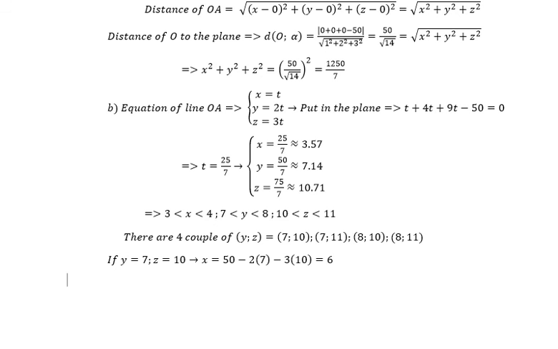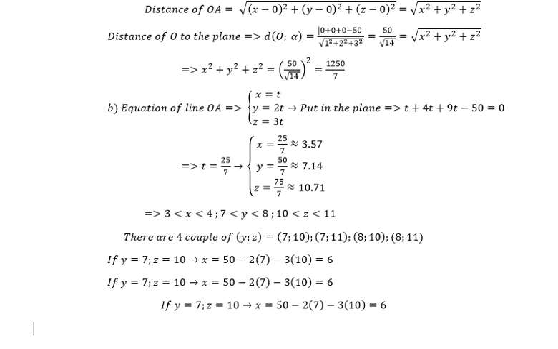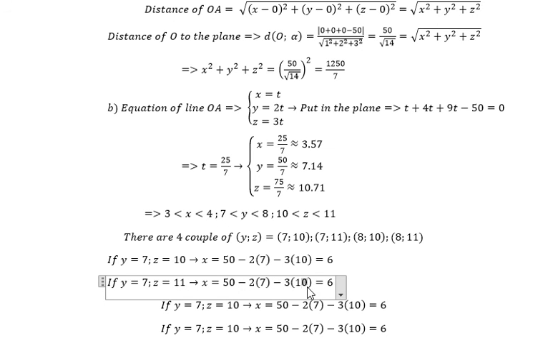We just keep calculating until we find the smallest x. So for 7 and 11, this is 3. Then we change y to 8, and this is number 4.